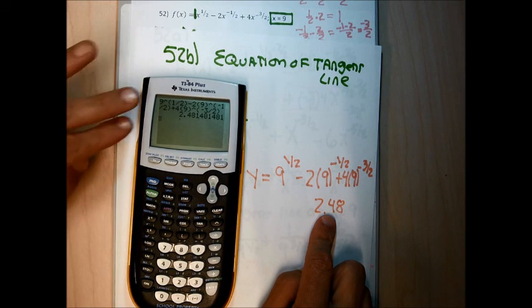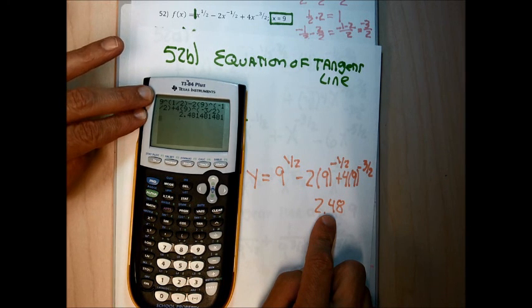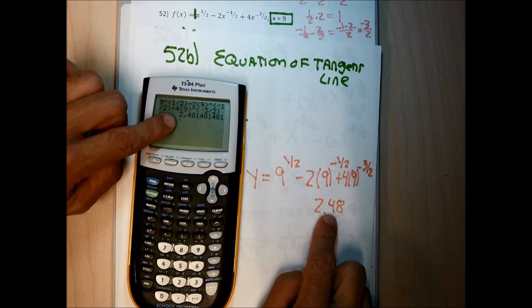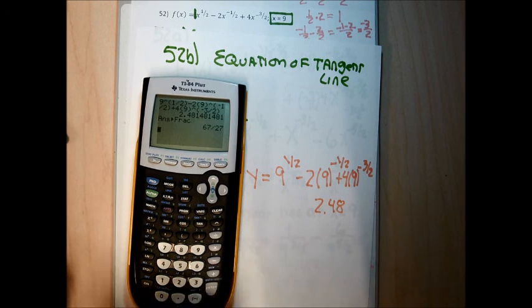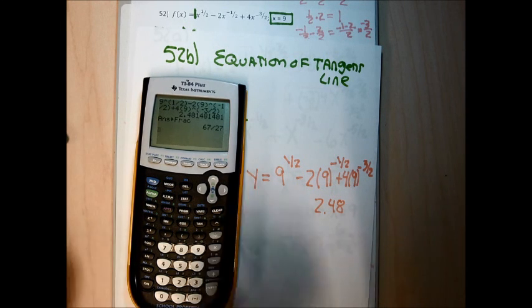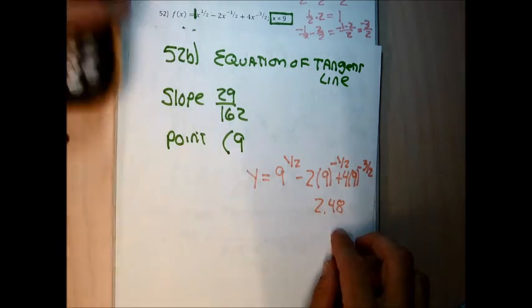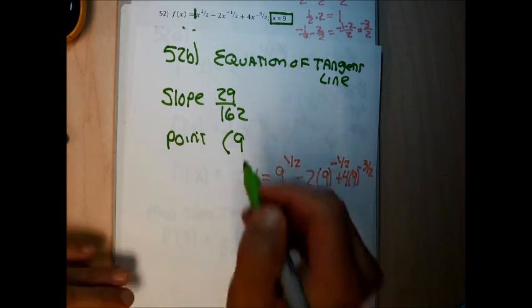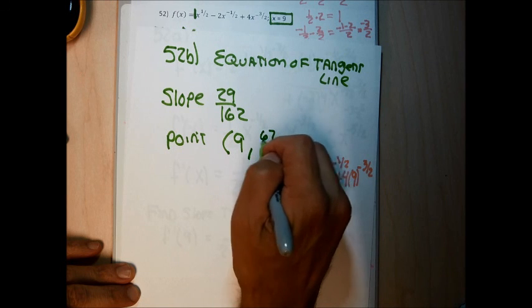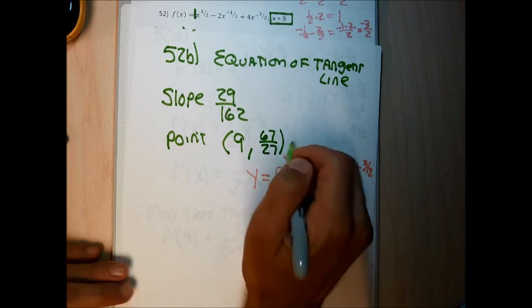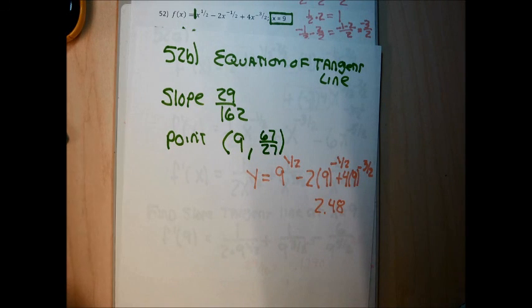So I'm confident I entered this properly on my calculator. Now I just need to get the exact equivalent of this by going math, enter, enter. The result is 67 over 27. And what I've just found is the y-coordinate of the point that I'm trying to find the equation of the tangent line for.